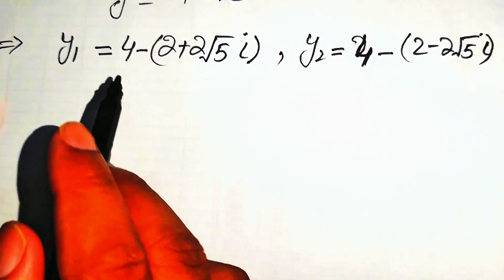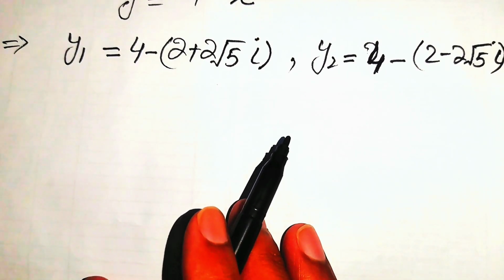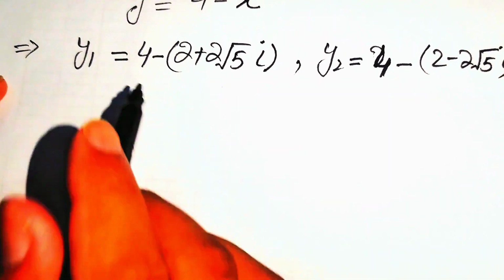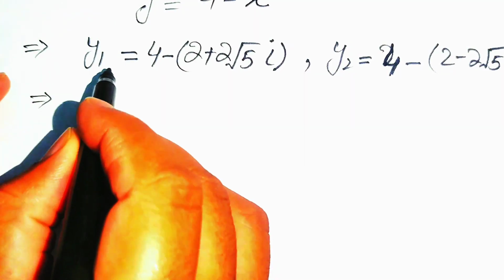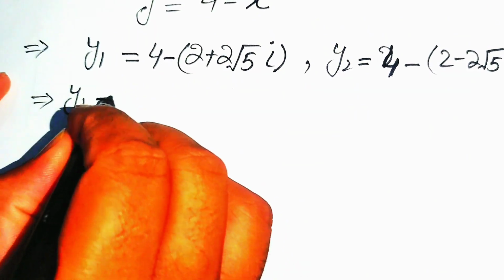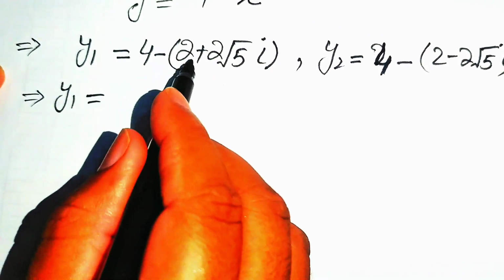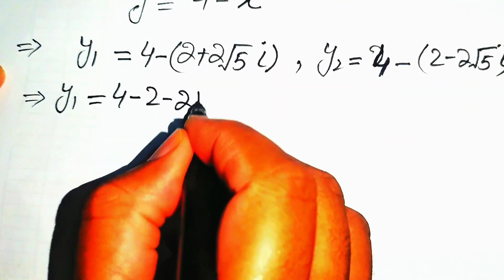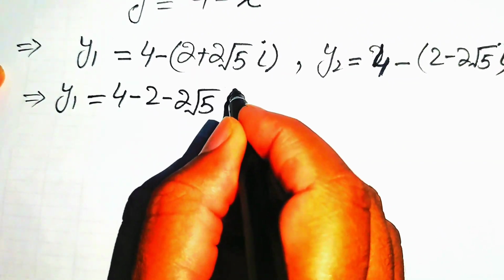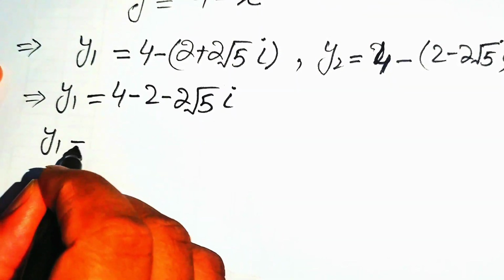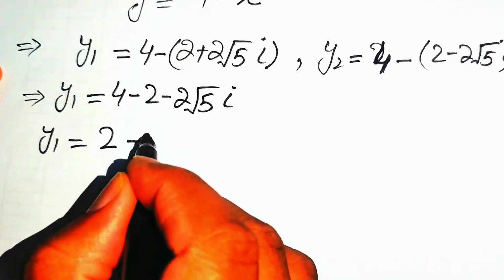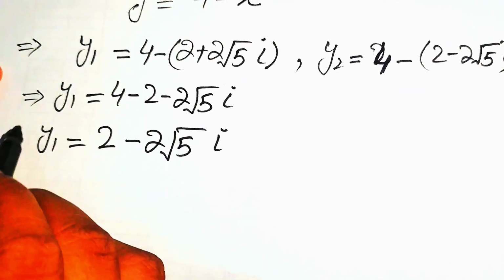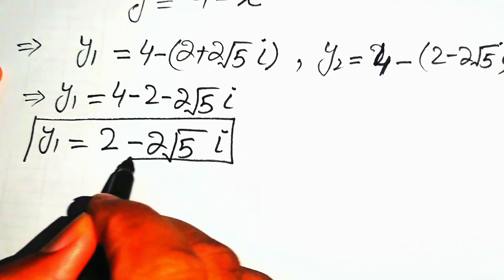Now we simplify these two equations. In the first case, we multiply this minus sign on both of these terms, and we get 4 minus 2 minus 2 times square root of 5 into iota. So y1 equals 2 minus 2 times square root of 5 into iota.